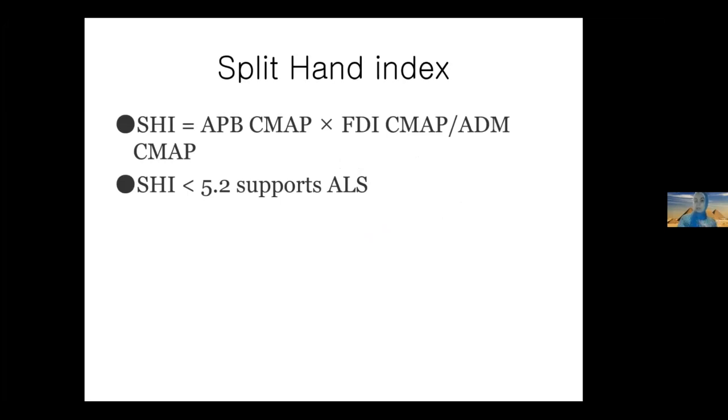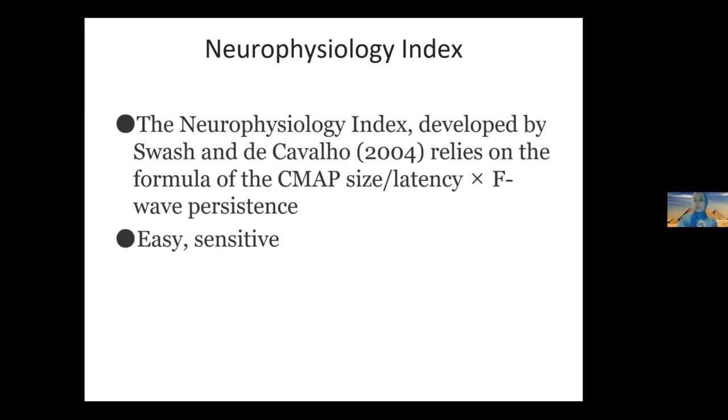The split hand index. Another thing that was devised is called the neurophysiology index. Why should I respect it? Because Swash and de Carvalho are some of the foremost pioneers in ALS, and we should really respect any article they publish about ALS. And they found that if we take the neurophysiology index, which is the CMAP size divided by latency times the F-wave persistence, we get something we call the neurophysiology index.